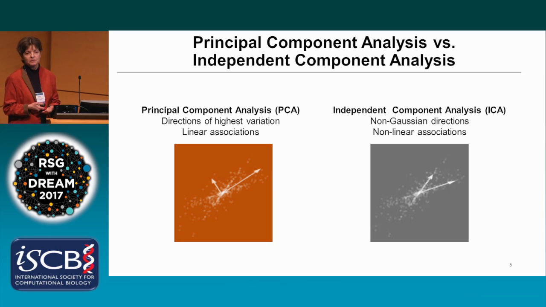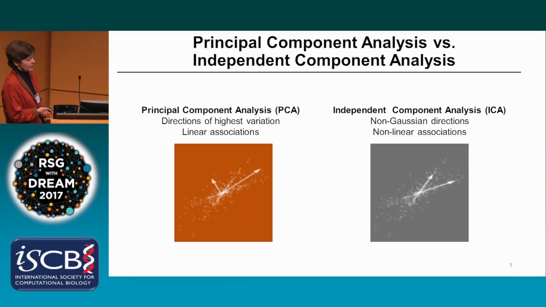Now, independence, based on the central limit theorem, is estimated as non-Gaussianity. So this method is able to identify independent factors based on non-Gaussianity. And as you see here in this toy example, it is able to correctly find the trends in the data.